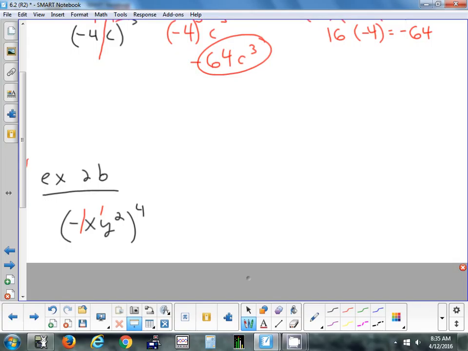So, what's the first thing I'm going to raise to a power? -1 to the what? I'm going to have -1 to the 4th power. Davin, what else am I going to raise to a power?